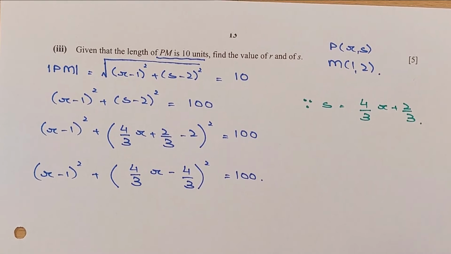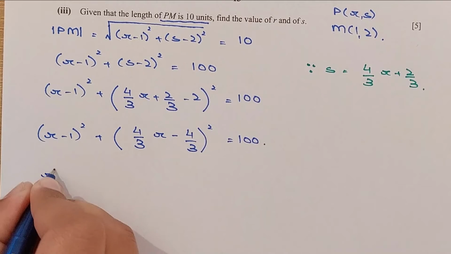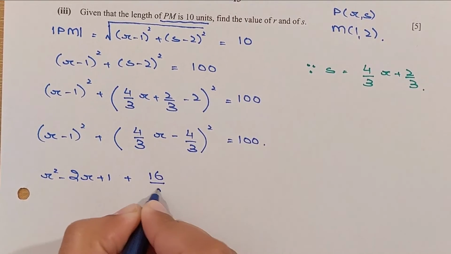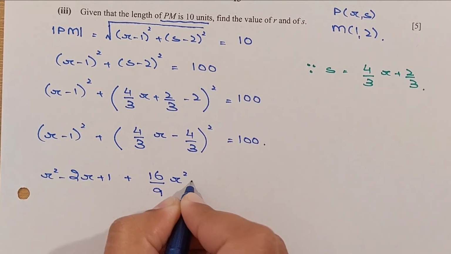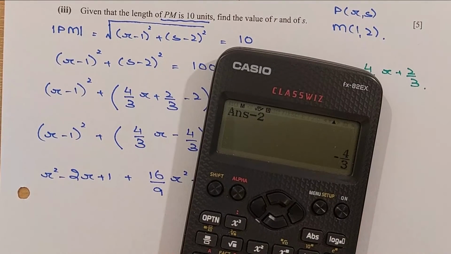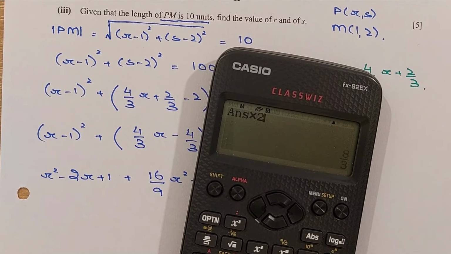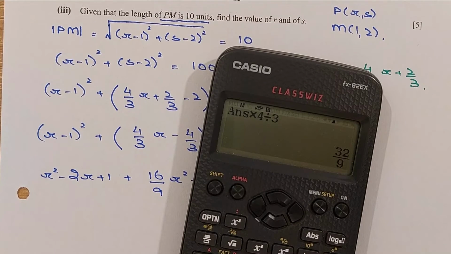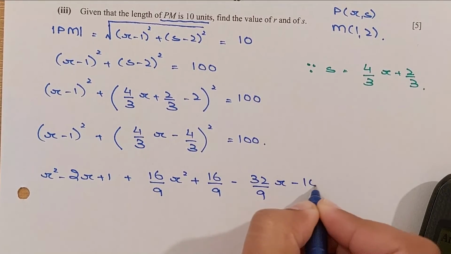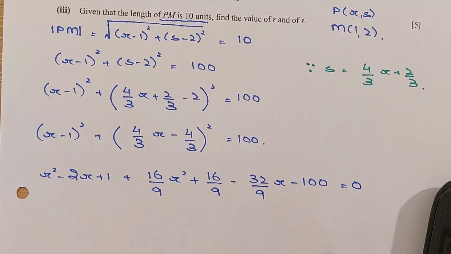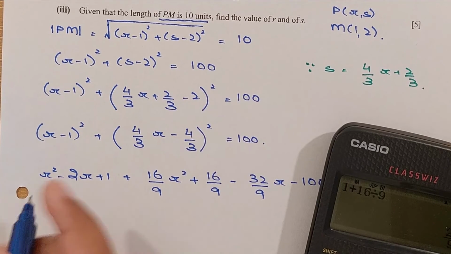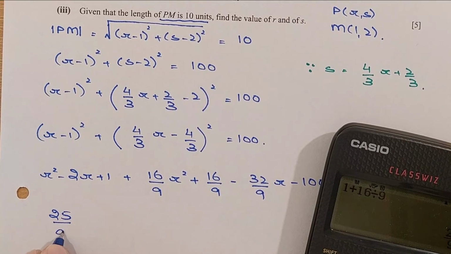Let me open the square. (r minus 1) whole square is r square minus 2r plus 1, plus 4 square is 16 and 3 square is 9, so r square plus 16/9, minus 2ab: 4/3 times 2 times 4/3, this is 32/9 r, minus 100 equals 0. So our r square terms are 1 plus 16/9, which is 25/9 r square.